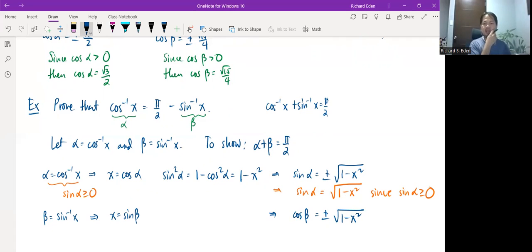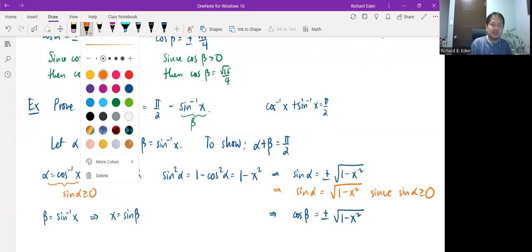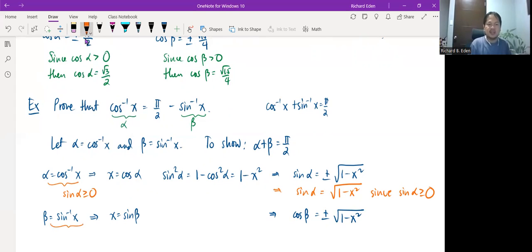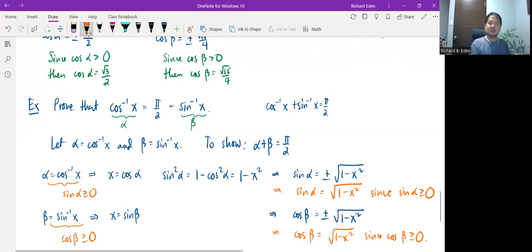Yeah, cosine beta is plus or minus the square root of 1 minus x squared. And then to make the decision, beta is sine inverse of x, so that means cosine beta is greater than or equal to 0. So that means cosine beta should be the principal square root of 1 minus x squared, since the cosine of beta is greater than or equal to 0.